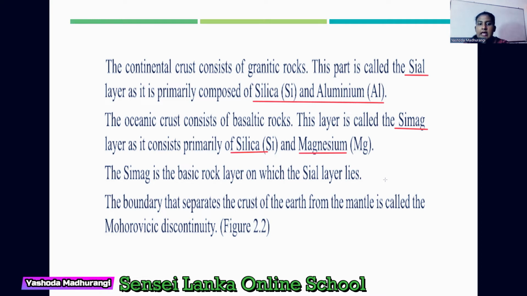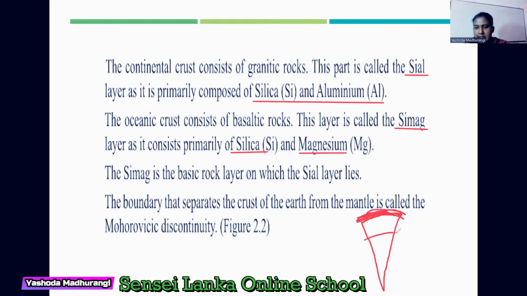And then the boundary that separates the crust of the earth from the mantle is called the Mohorovicic discontinuity. Look at this Mohorovicic discontinuity. It is a border. If this is the crust, in red color you can see the crust.